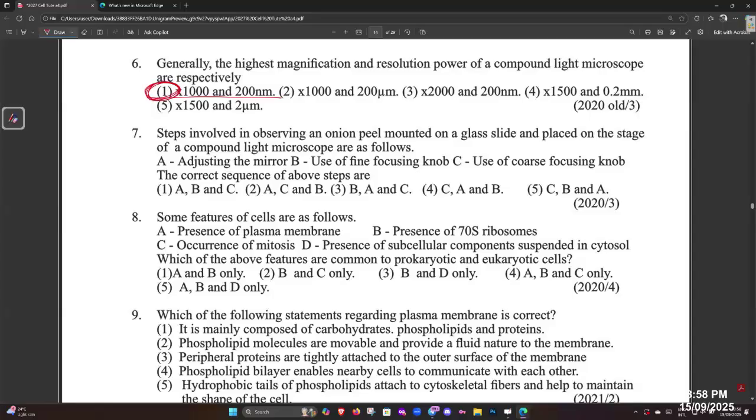Adjust the mirror. Use fine focus. What is the order? ACB, neither. ACB, second one. That's too simple, right? ACB, second one is the answer.